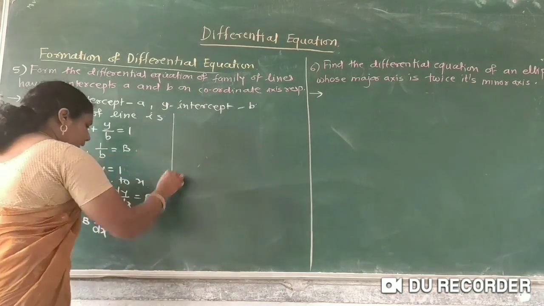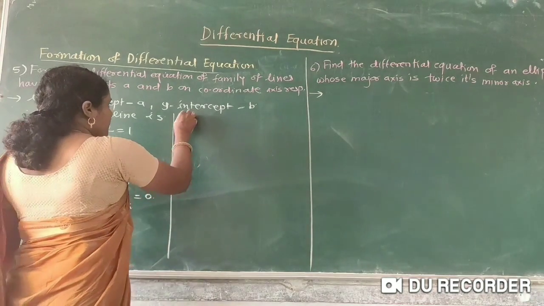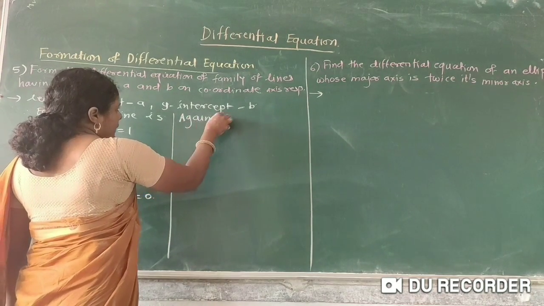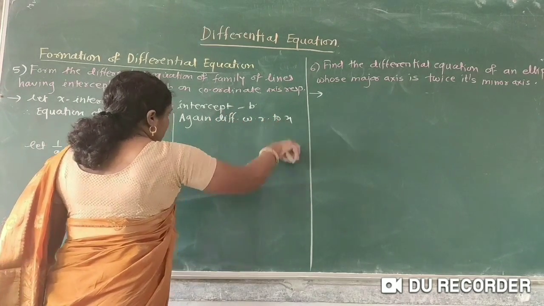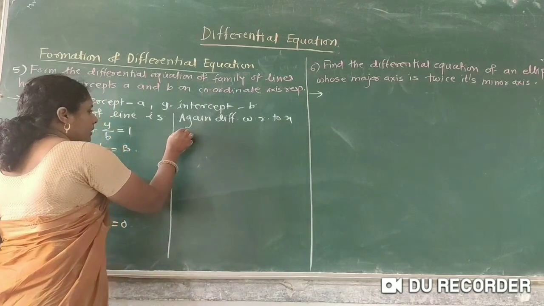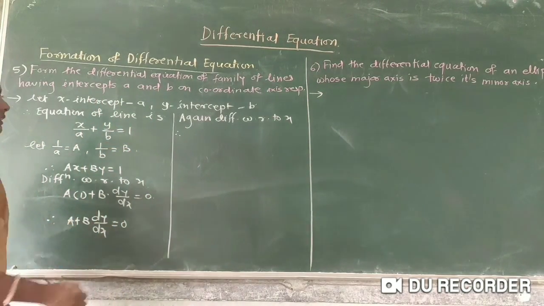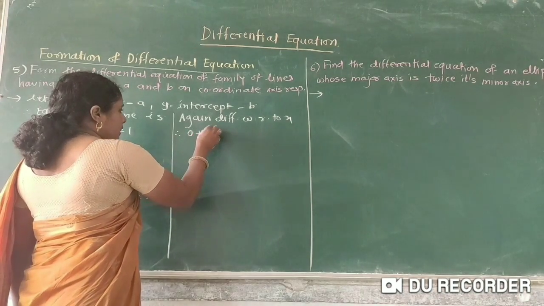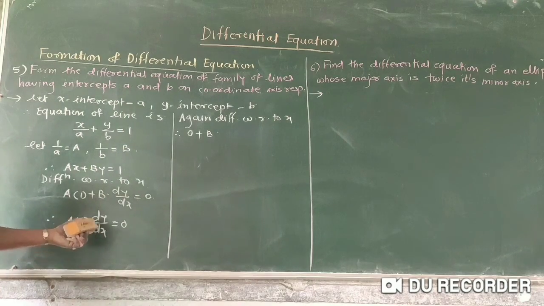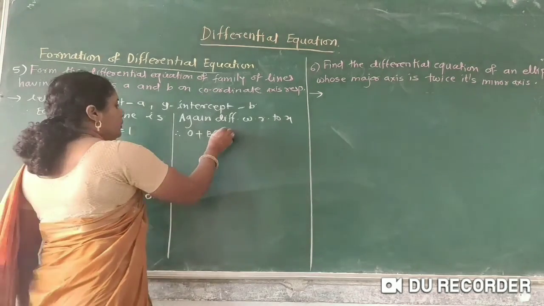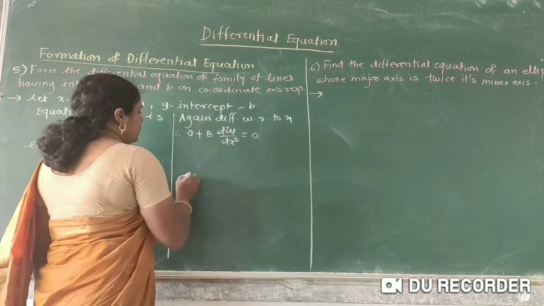Now, again differentiate with respect to x. The derivative of A, a constant, is 0, plus again B is a constant and the derivative of dy by dx is d2y by dx square, equal to 0.